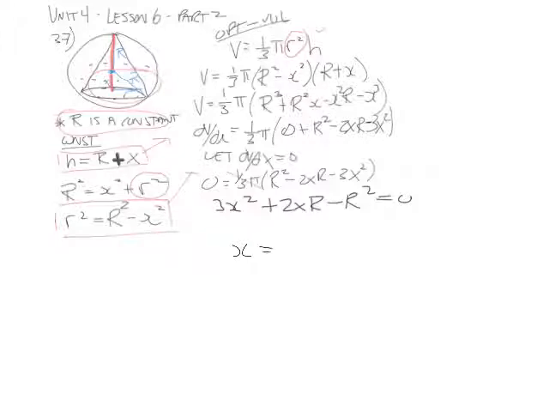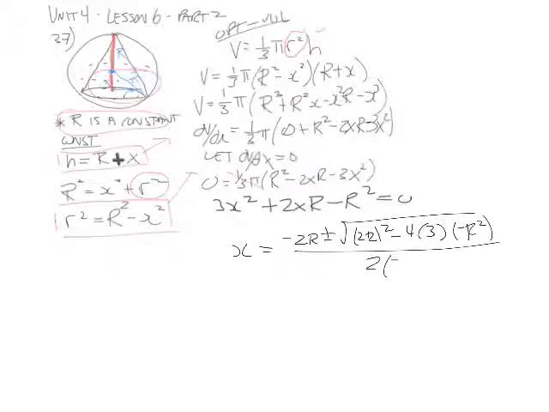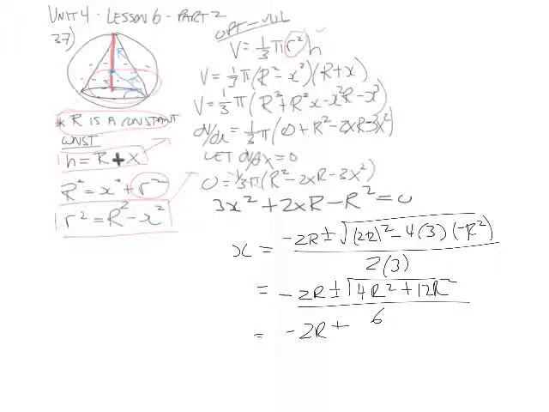So x equals negative b, which is negative 2R, plus or minus the square root of (2R) squared minus 4 times 3 multiplied by c, which is negative R squared, all over 2a, so 2 times 3. That gives me negative 2R plus or minus the square root of 4R squared plus 12R squared, all over 6. Four and 12 is 16, and the square root of 16R squared is 4R.